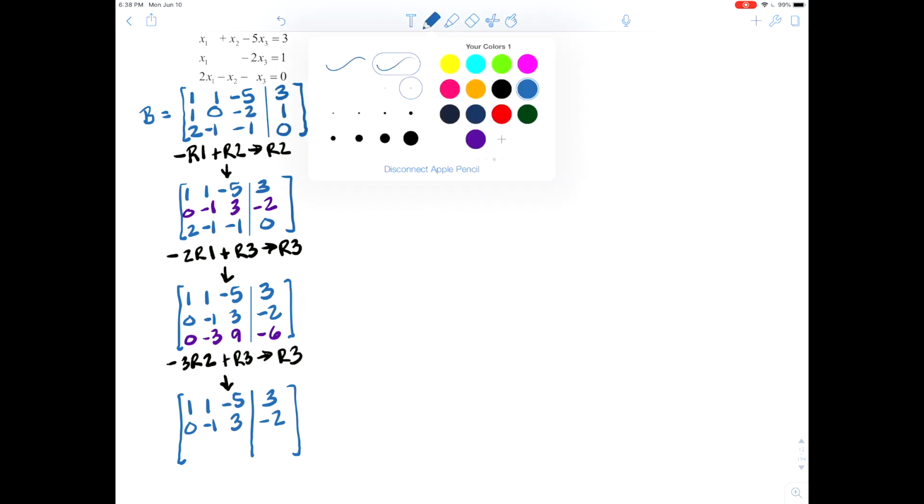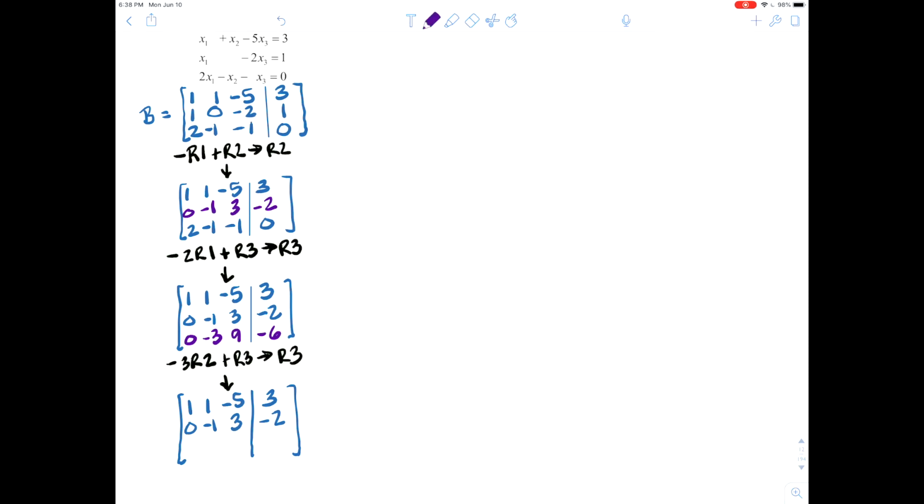Now our new row 3 will still have a 0 here. Notice that we have to use row 2. If we had used row 1, you'd get a 1 there and it would be very circular and you'd be very sad. So just do these in this order and you'll be okay.